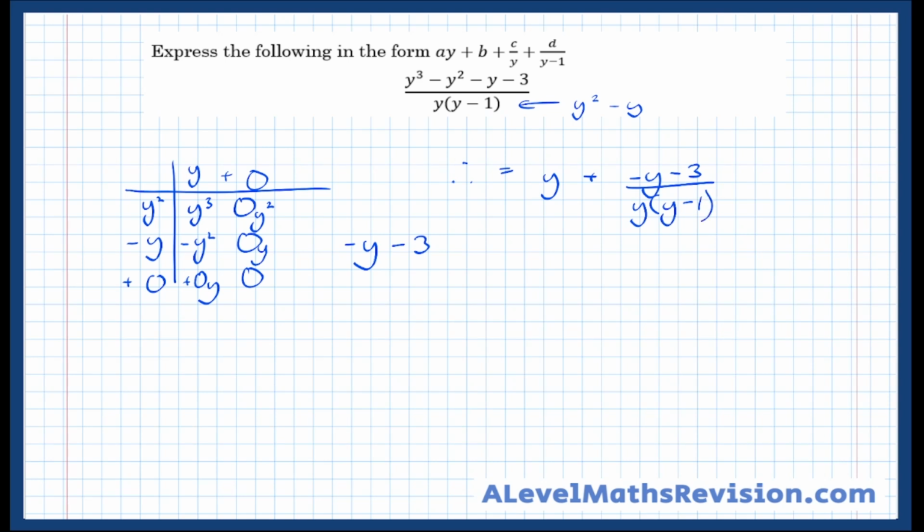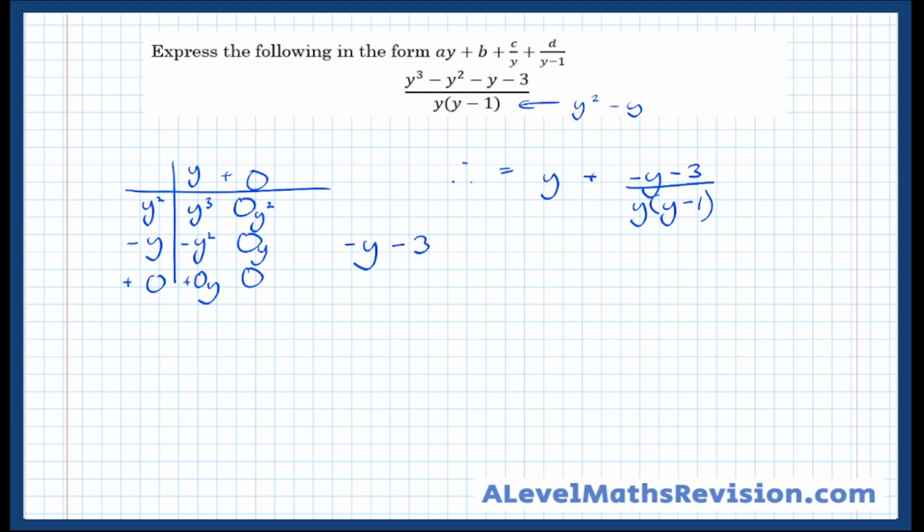So here we know that a is 1 and b is 0 because that was the term that was in the quotient, no constant terms. But this bit here, we're left to do that in partial fractions now.